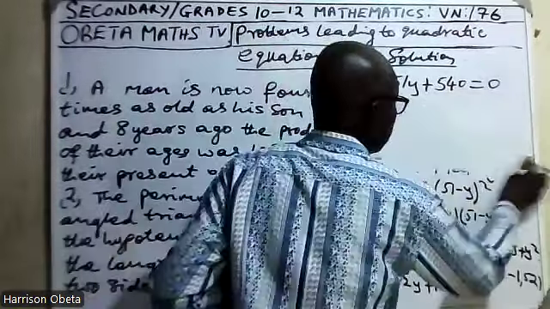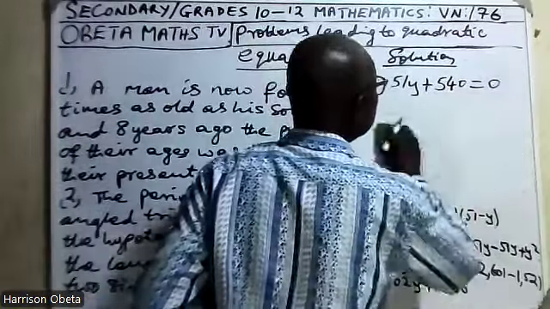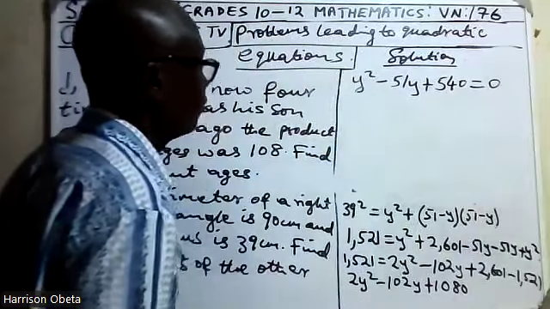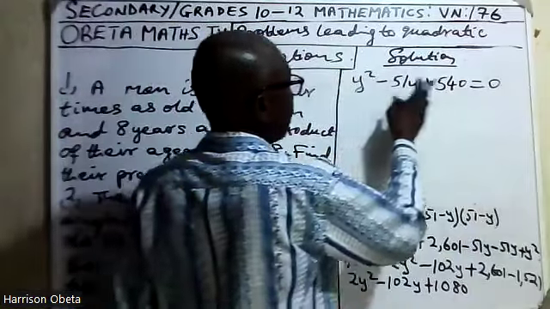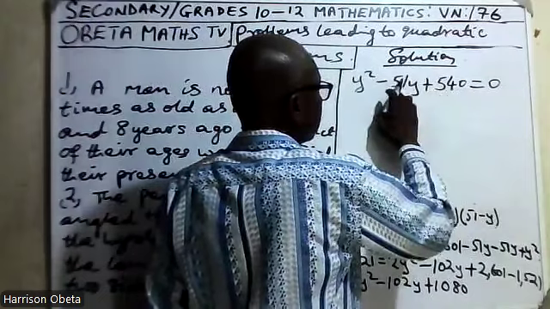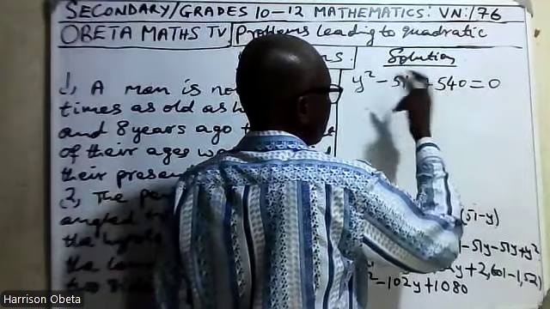So we continue. Now we have to find the factors of this that will give us minus 51 when we add or subtract.